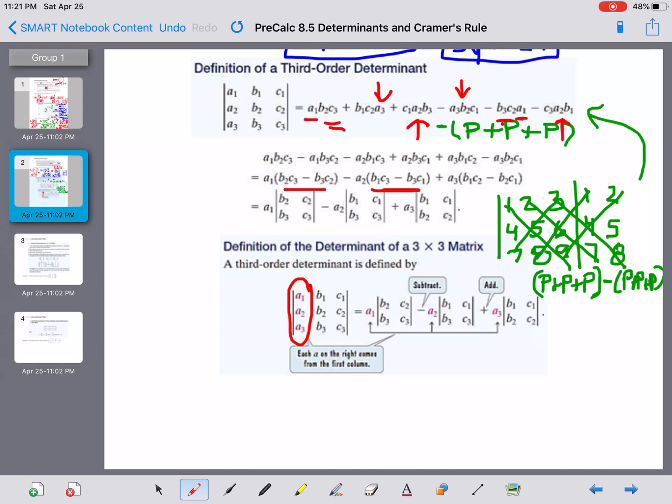I know without numbers, what I'm saying right now is probably super confusing. But what ends up happening is we're going to take these values, leave them in the front, and take small determinants, because what's being subtracted here, here, and here are the small 2x2 determinants. So it keeps our numbers smaller.